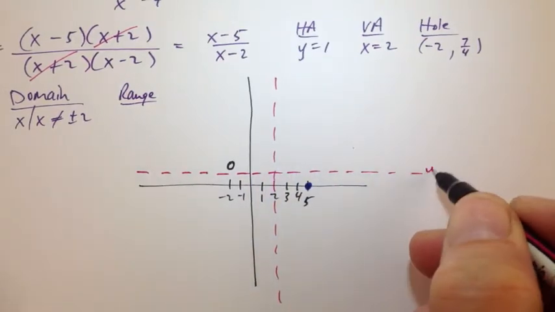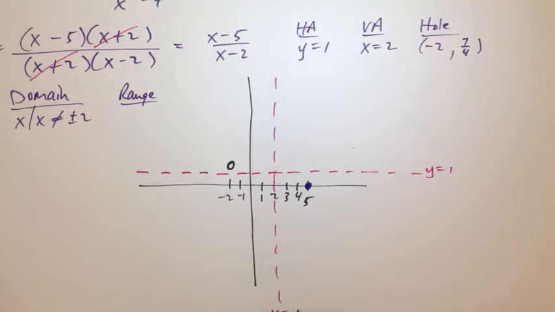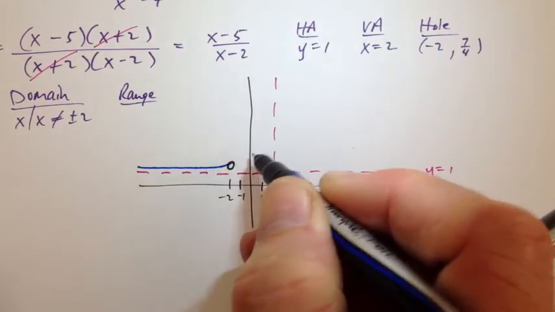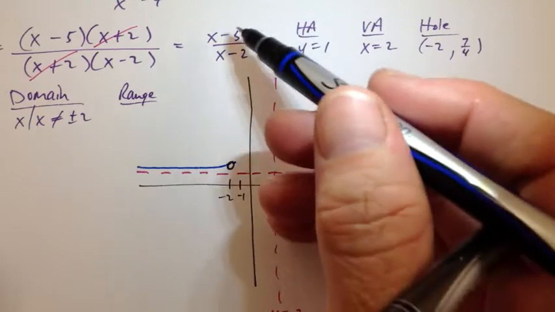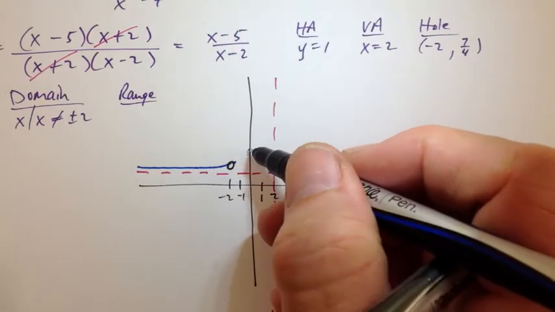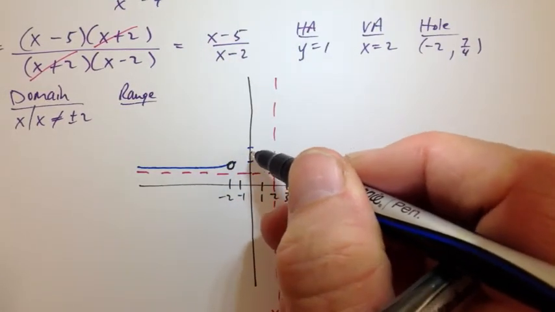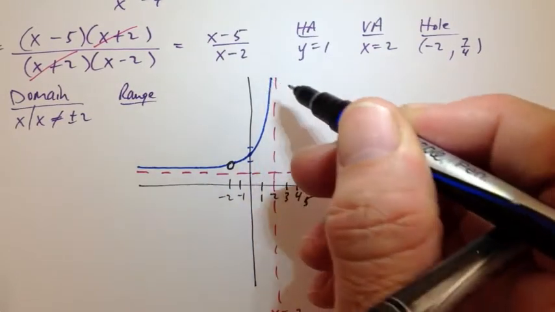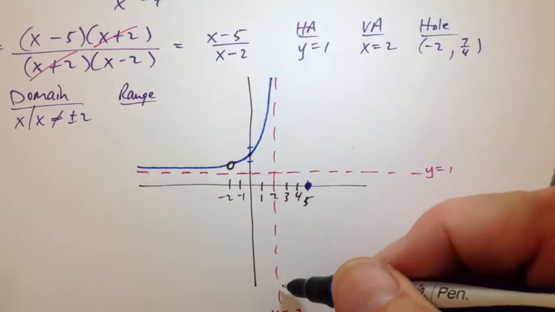Y equals 1. We have x equals 2, vertical asymptote. And so we're going to get the graph now. We can draw that, just like this. What's the y-intercept? 5/2, so 2.5, somewhere right there. So there's one part, and then here's the other part.